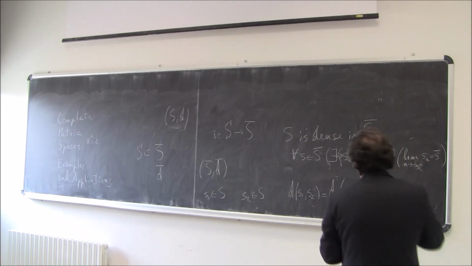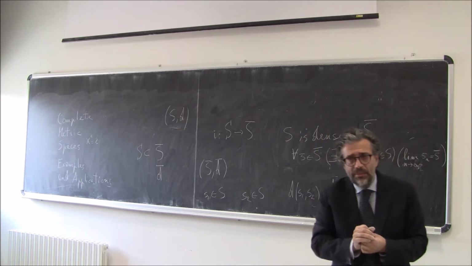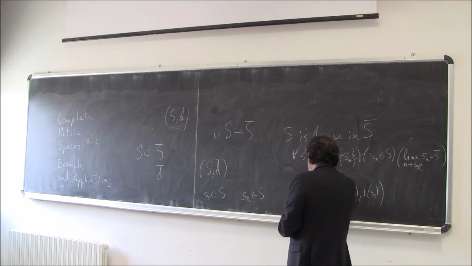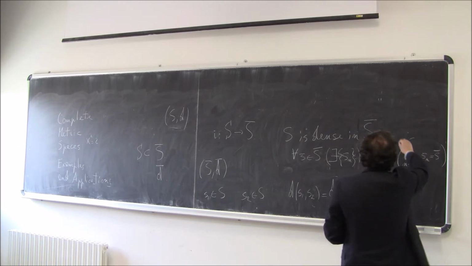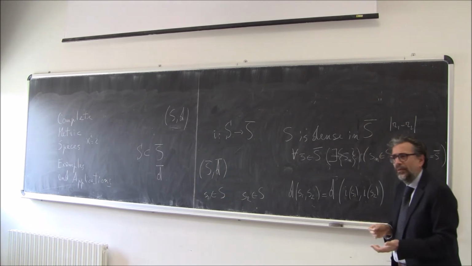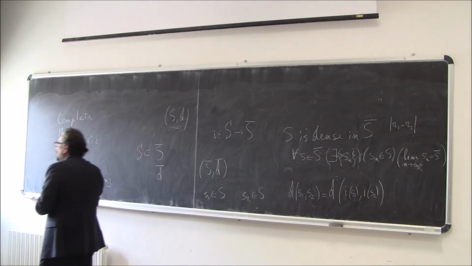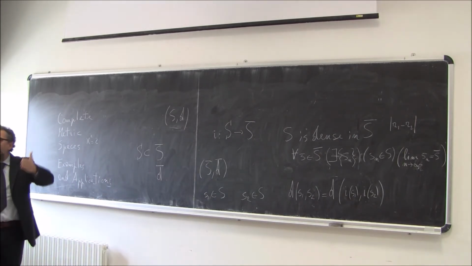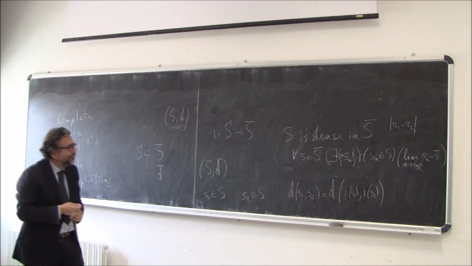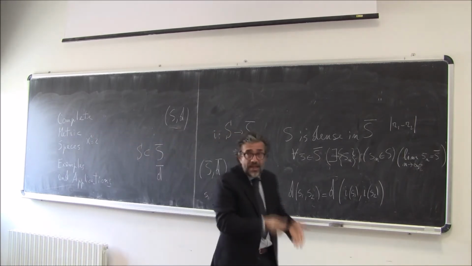So, the set of rational numbers is dense in the set of real numbers. Okay? The distance between two real numbers is the absolute value of R1 minus R2. And when you consider R1 equal to Q1 and R2 equal to Q2, the new distance is equal to the old distance. And a rational number is a real number.